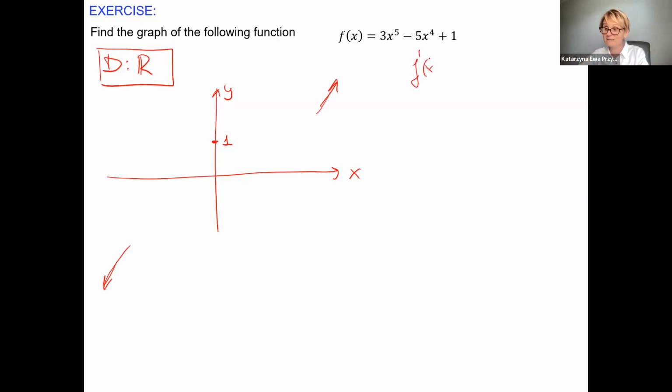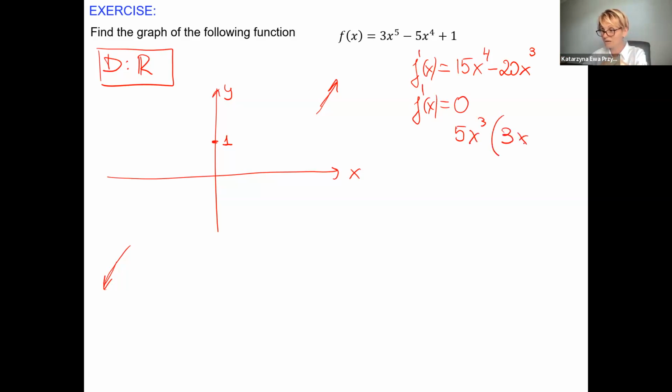Let's find the first derivative. What's the first derivative? Please watch me if I'm right. 15x to the power of 4 minus 20x to the power of 3. A little bit nicer. What are the critical numbers? We just have to find out where the derivative is 0. I can factor out 5x cubed.